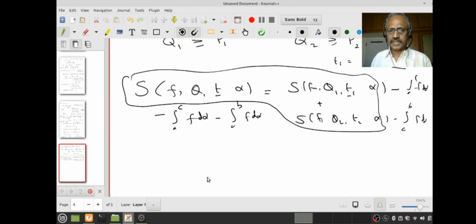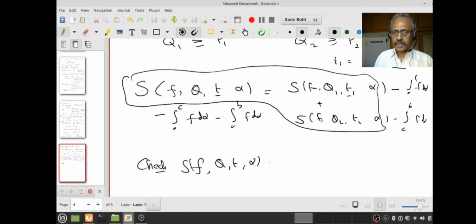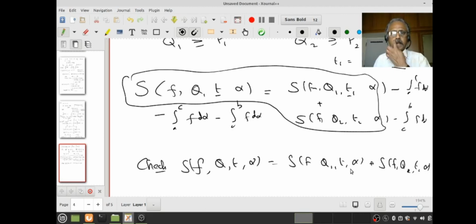Do you agree with that? Yes? Okay. So check. Yes. S(f, Q, T, alpha) is S(f, Q1, T1, alpha) plus S(f, Q2, T2, alpha). Just look at the definition, it follows.